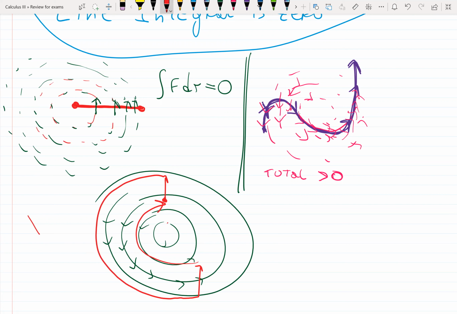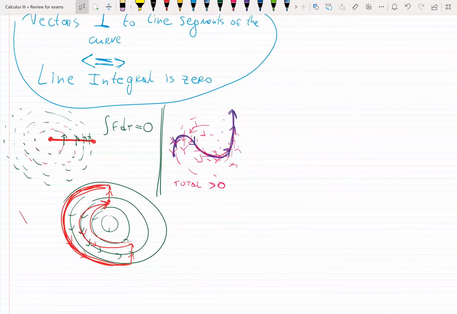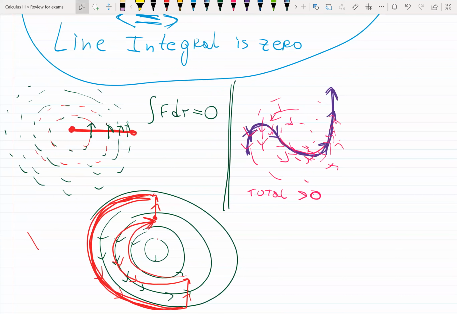So it might be 0 because, if this was helping you all the time, and then this was against you, and these are the same, they will be canceling each other. This was perpendicular and this was perpendicular, so nobody cares. So it's very interesting how you see. If you see that this one is obviously larger, then the total will be positive. So that's one you should figure out on the beautiful graph, not my graph. But this is the idea of the field helping you or not helping you or ignoring you because it's perpendicular.